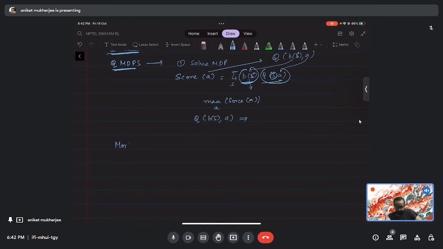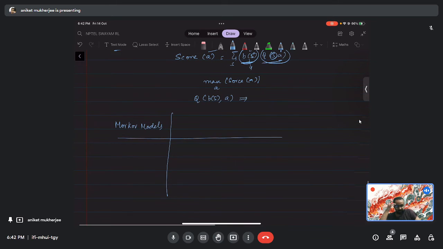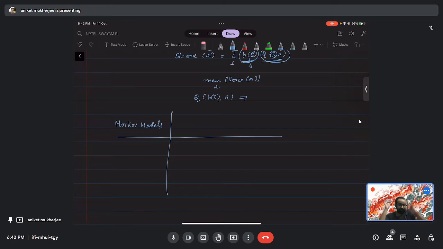So I'll just finish off by saying one thing. In this whole tutorial we have heard about Markov models. Basically there are many classifications. I'm classifying into 4 types which we have used right now. Do you have control over your transitions?